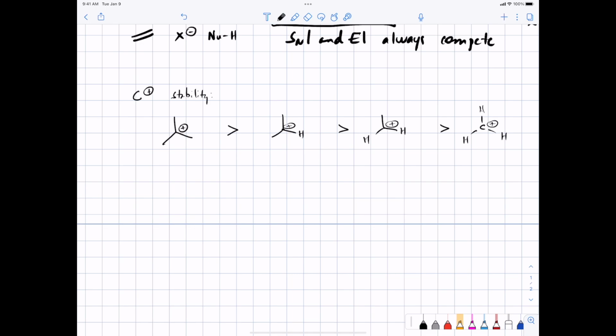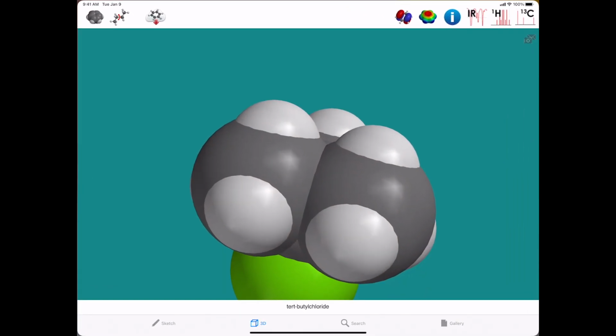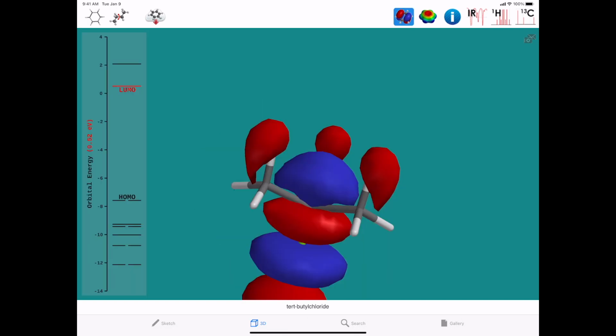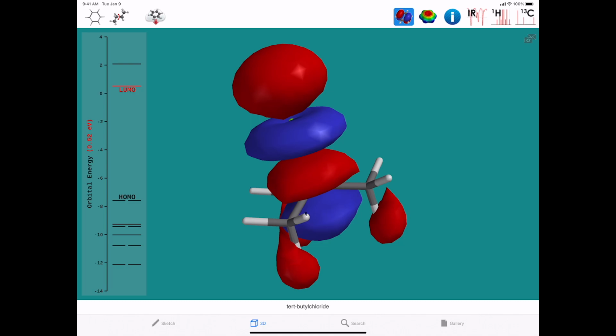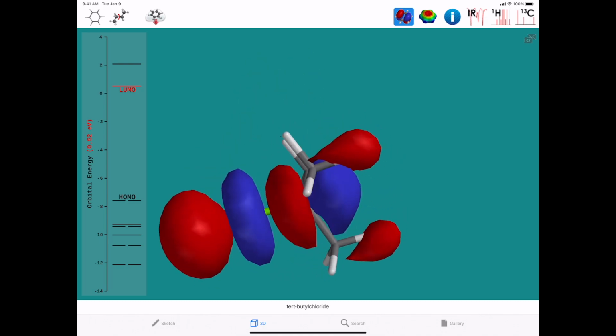And the reason for that is hyperconjugation. Could you see what hyperconjugation would look like on the molecular model that we're showing, in the case of a carbocation? Unfortunately, Spartan doesn't do carbocations. I can do the calculation.